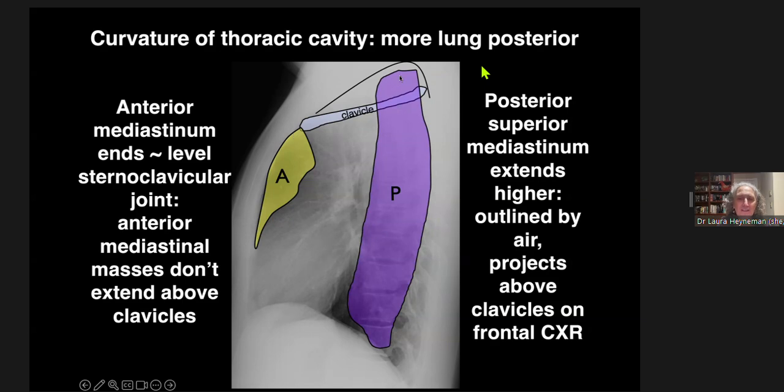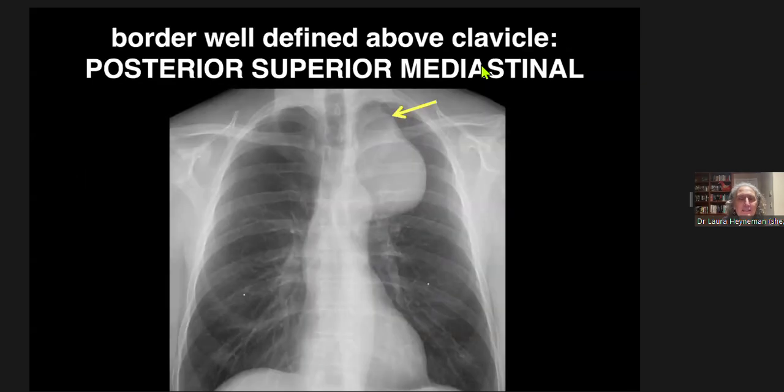So the posterior mediastinum can go quite high above the level of the clavicles, and there will be lung at that level, so it will be outlining the posterior mediastinal mass. And that gives a very well-defined border. When it's outlined by air, you get this very sharply delineated border that tells me that it's in the posterior mediastinum.